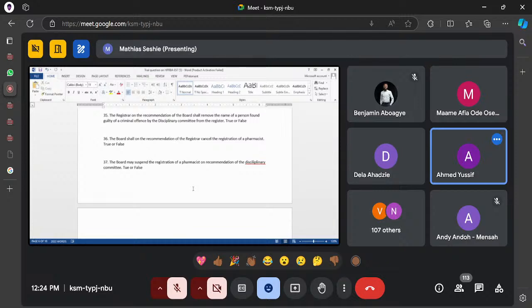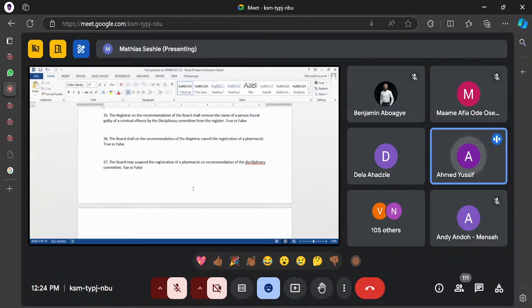So we've talked about removal when someone is dead, someone is found guilty of professional misconduct, or has not paid the prescribed fee. Then suspension when you are being investigated of an offense, you've made a false declaration, or you have contravened a provision of this part.